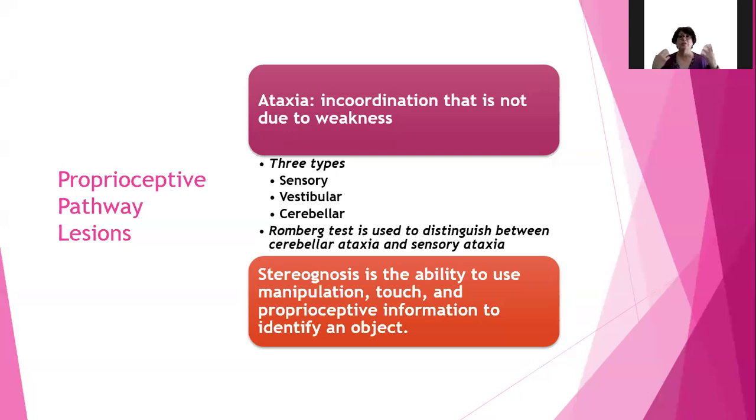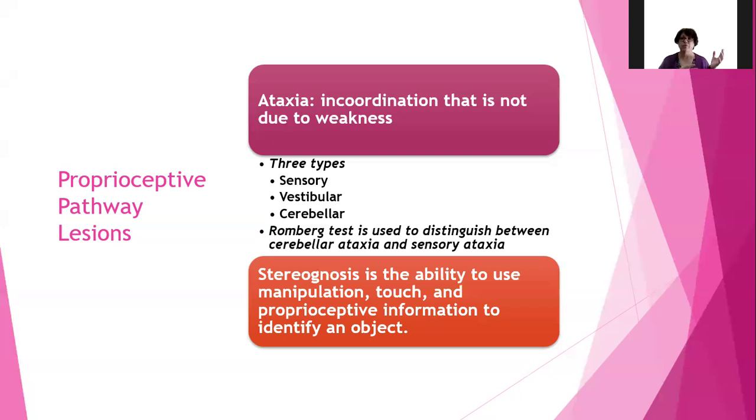If it's in the cerebellum, then it's cerebellar. There's a test used to distinguish between cerebellar ataxia and sensory ataxia, called the Romberg test. You will do that in your neuro rehab class next quarter. Basically, you test balance with eyes open and eyes closed, and you can tell whether it's coming from the cerebellum or the sensory system.